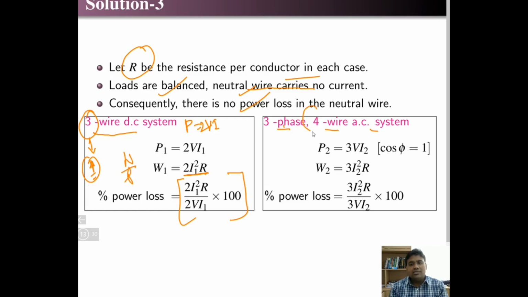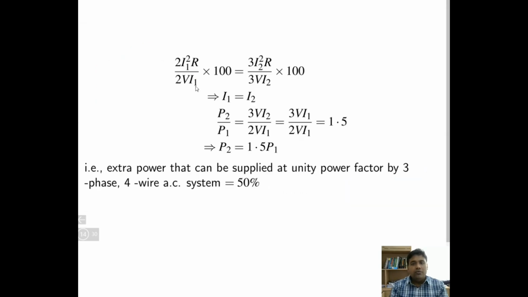In the 3-phase 4-wire system, the 4th wire is the neutral wire, which we do not take into consideration because it is not carrying any current. So power is equal to 3 times the voltage into current, assuming the power factor to be unity, and loss will be 3 times I2 square R. So the percentage power loss we can find as the loss by power into 100. Now if we equate the two conditions, we find I1 is equal to I2.